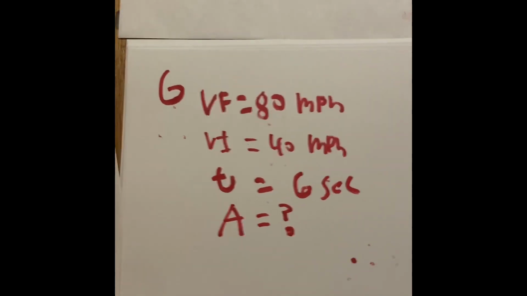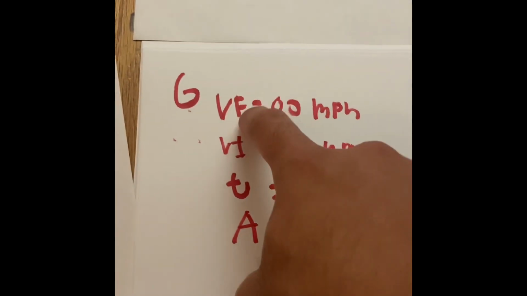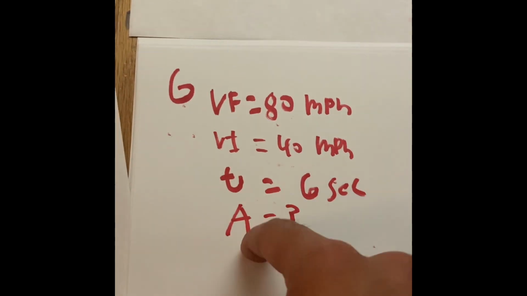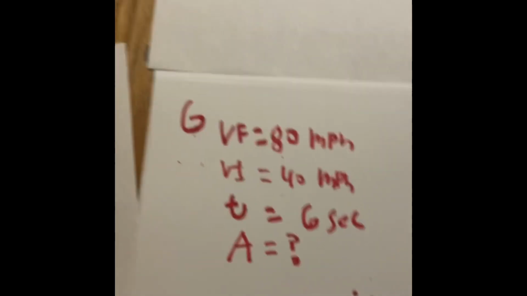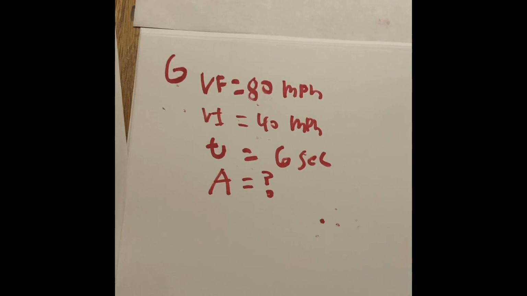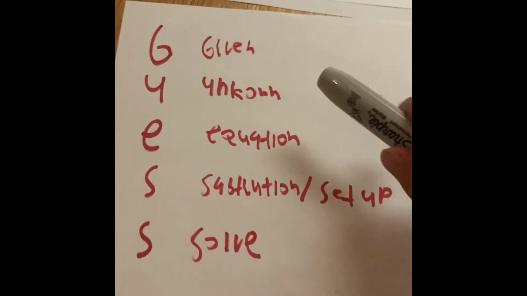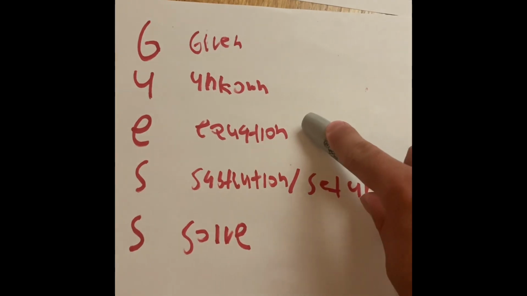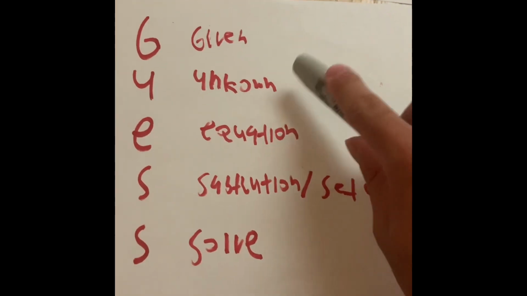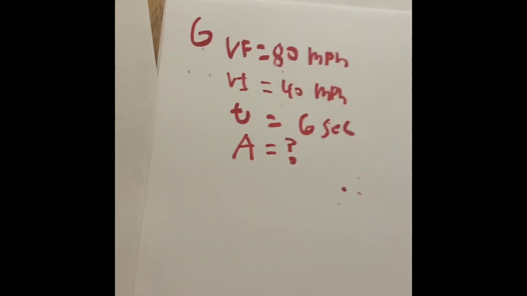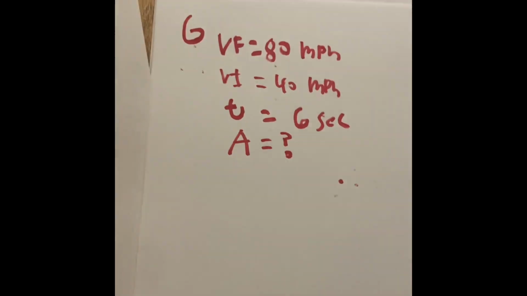But hang on, what formula uses VF, VI, t, and an a? We have to use the acceleration formula. That is our equation step. And we already know the unknown because you're trying to find what that a represents.